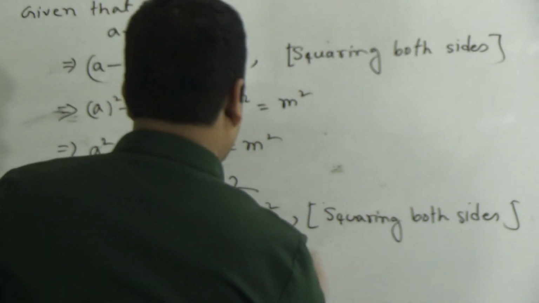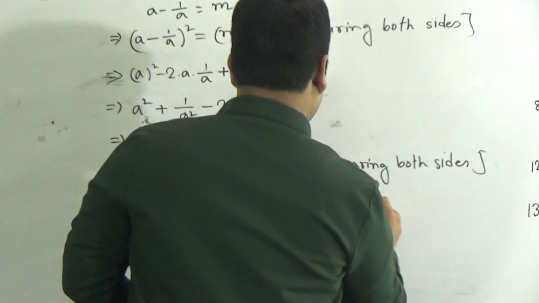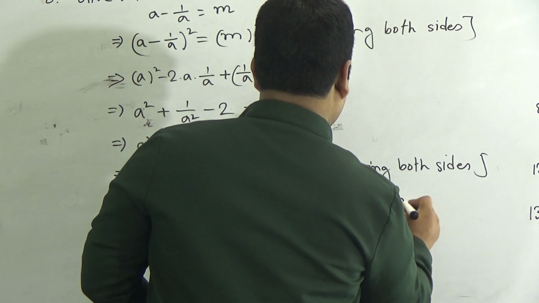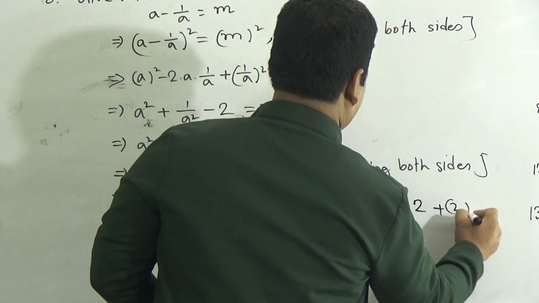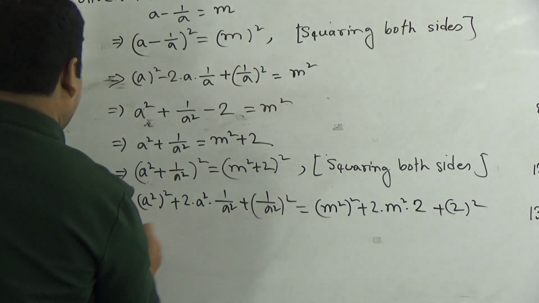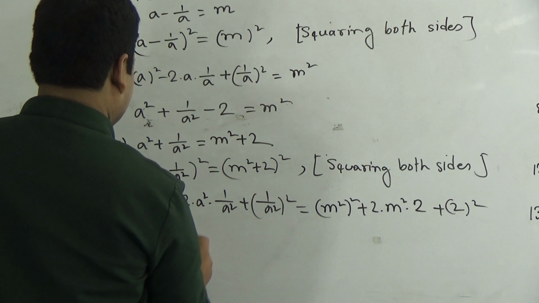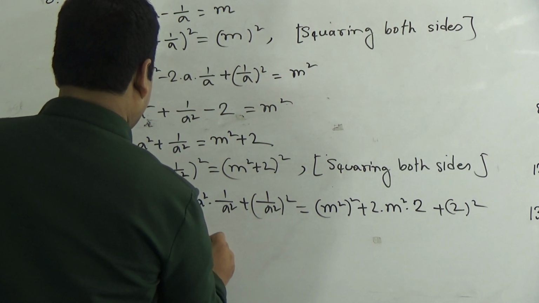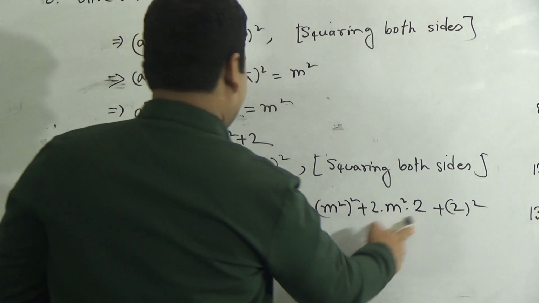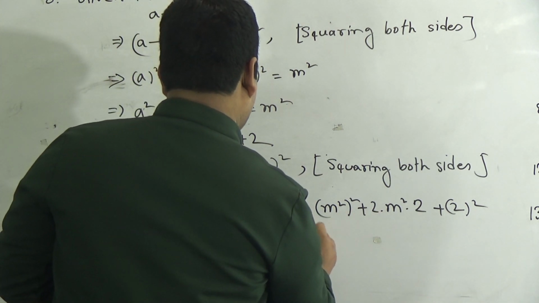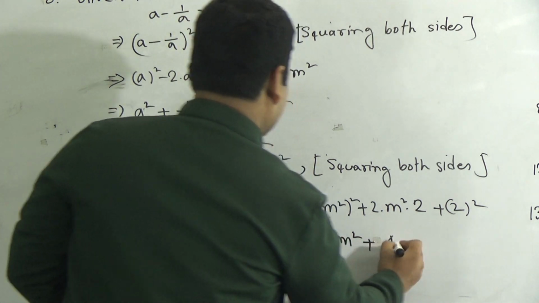So it is written as a to the power 4 plus 2, with a square cut, and 1 by a to the power 4. And now we do the calculation on the right hand side: m to the power 4 plus 4m square plus 4.